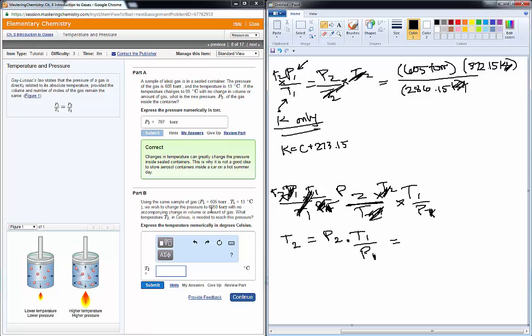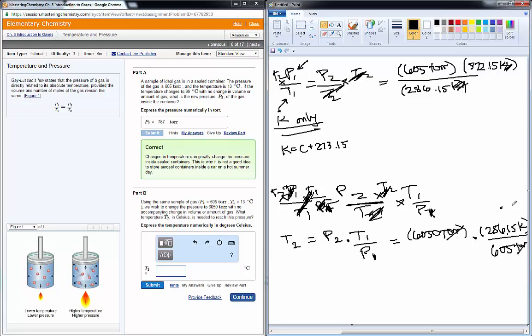So they're saying the pressure is changed to 6050 torr. That's P2. And my initial temperature was 13 degrees Celsius, which we said was 286.15 K. And my initial pressure was 605 torr.